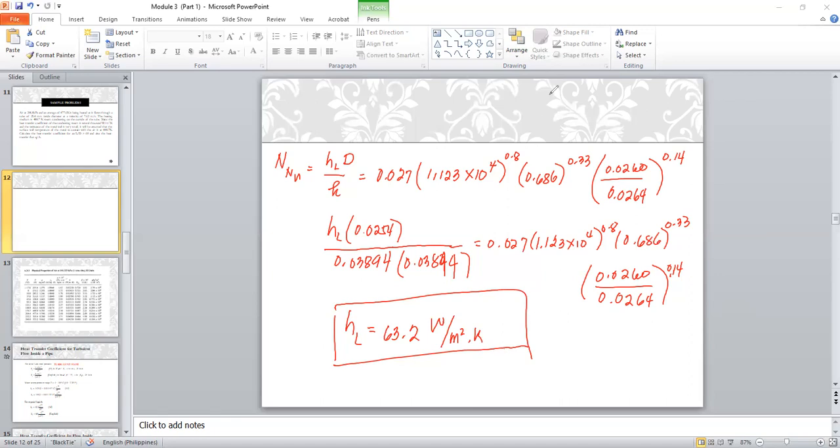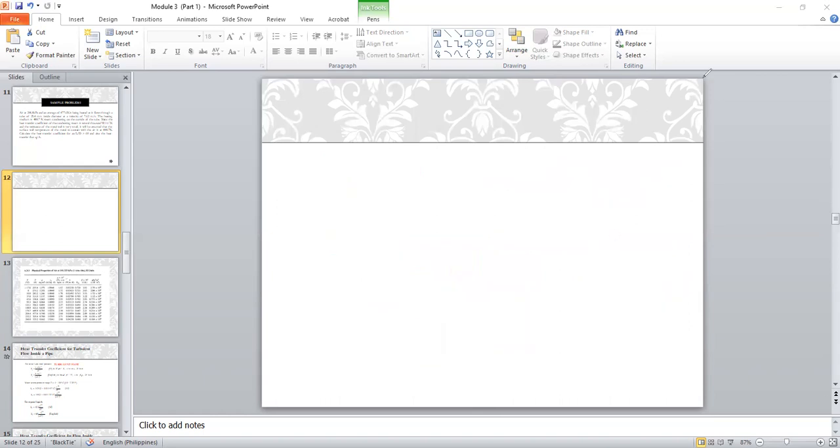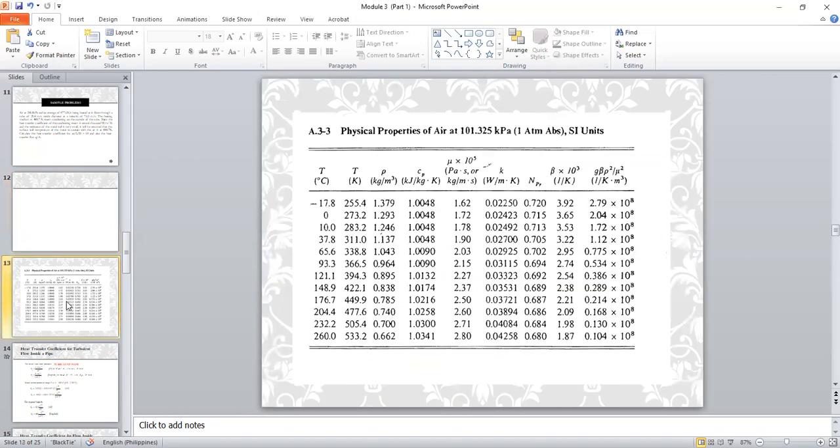Let me clear this one so I can point out to you the table where you get the K, as well as what Jericho has pointed out. Same temperature, and you're going to get the thermal conductivity constant here, which is 0.03894.